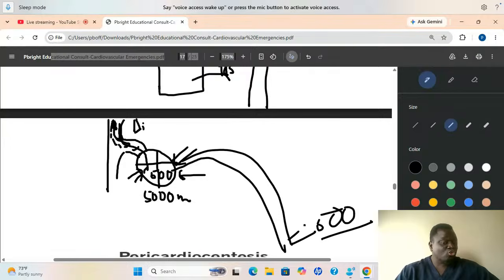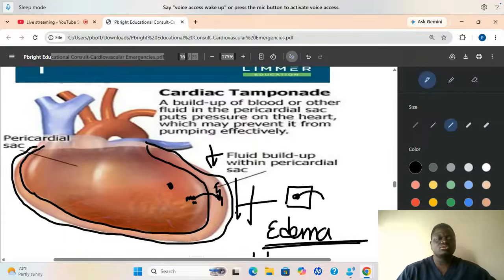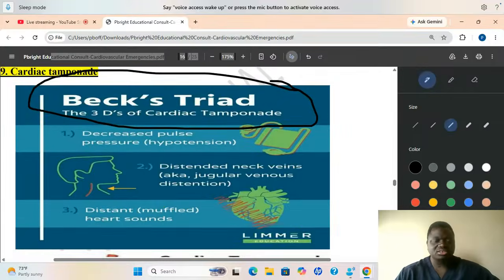Will you get a strong pulse here? No, the pulse is going to be weak and thready or sometimes imperceptible. So weak pulse, systemic circulation is going to reduce. That is the second one.